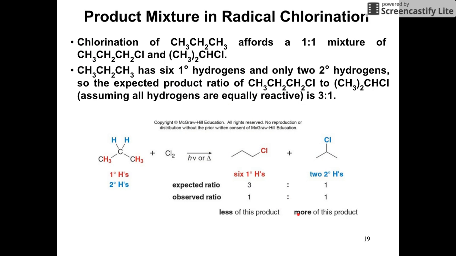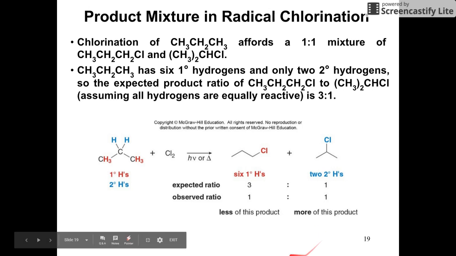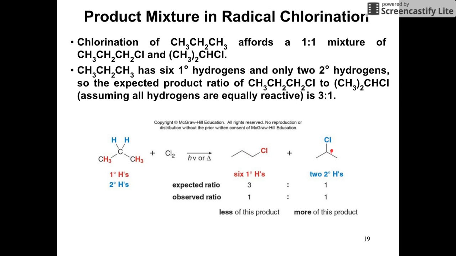Now, we do get a mixture when we're dealing with this chlorination, and we would expect to get 3 times as much primary chloride as we would secondary, and that is because there are more primary carbon-hydrogen bonds than there are secondary.